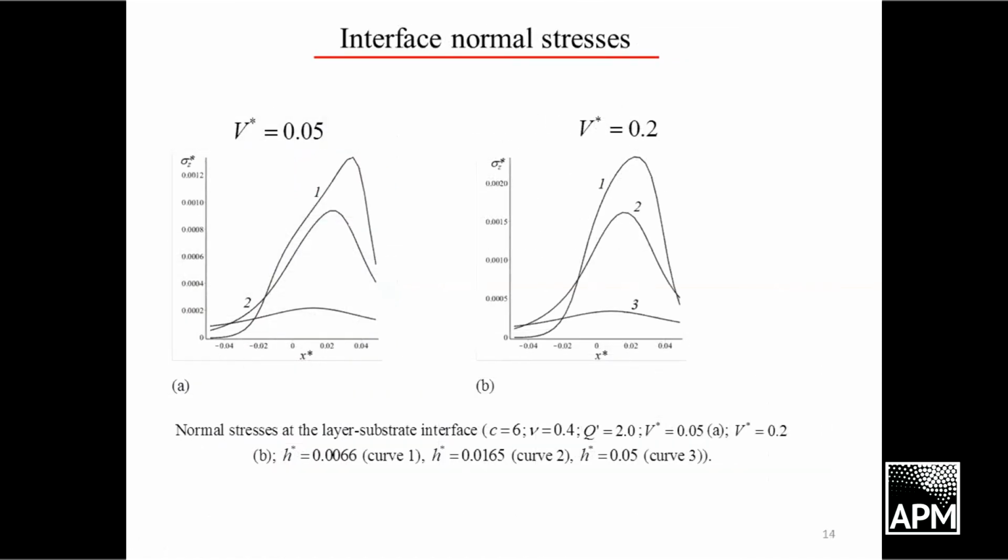And here are surface normal stresses. Surface normal stresses were used also to evaluate the accuracy of calculations for an absolutely rigid plate, and for a rigid plate with elastic properties, elastic modulus 100 times greater than the elastic modulus of the half space.